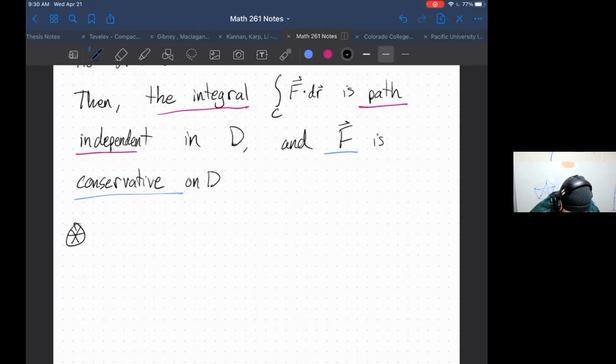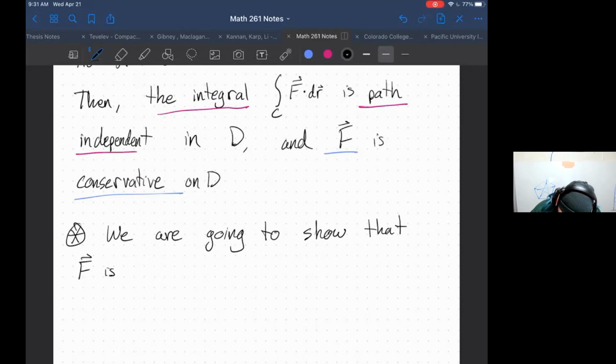So, kind of jumping ahead, we're going to show that F is conservative if and only if, which means that it's equivalent, F is the gradient of some function.